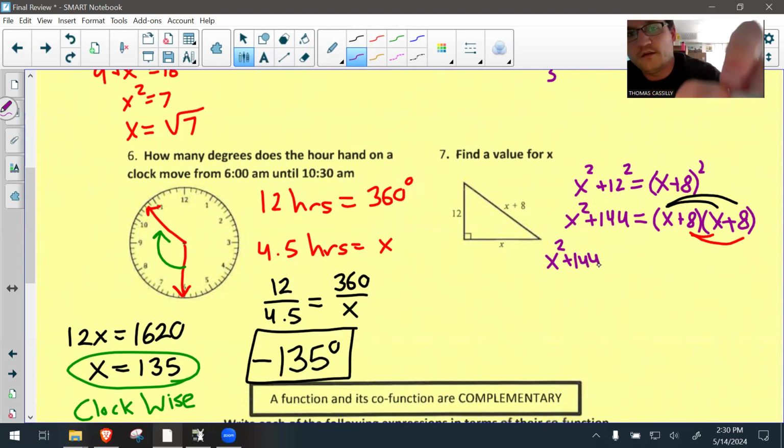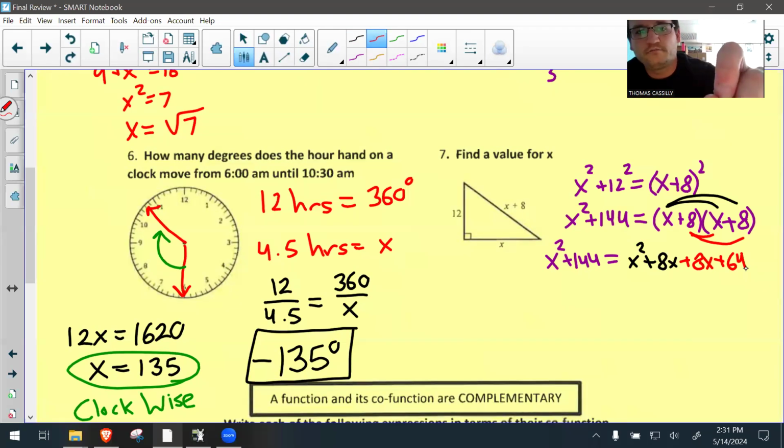All right. But the right-hand side of this equation is going to turn into this. x squared, x times x is x squared, x times 8 is 8x. The two middle terms, you have 8 times x, which is another 8x. And then the last one is your 8 times 8. There's your 64. Right? So double distribute on this problem. That is important.